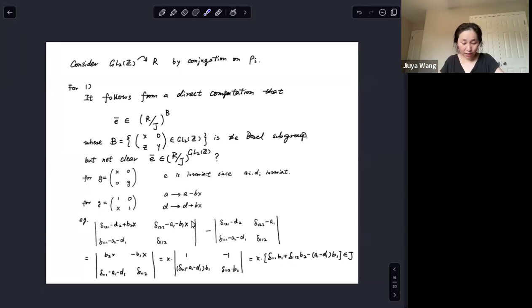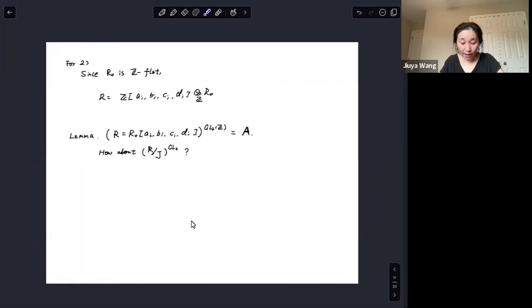So that is the first side. For the second side, notice that this R is just the classical example tensored with R naught, and because R naught is flat, we can easily obtain a similar result that the invariant of R under GL2Z is A. But we want a similar result for a more complicated quotient ring.